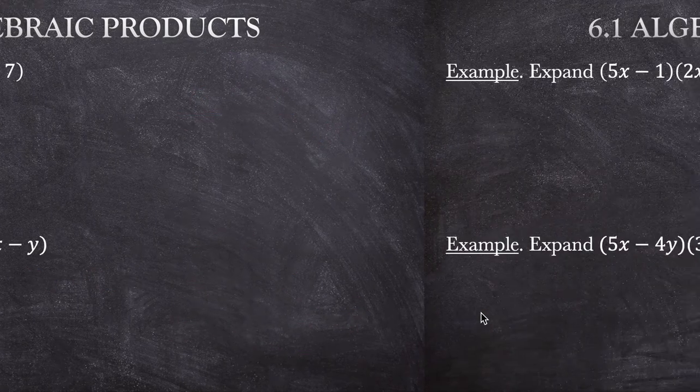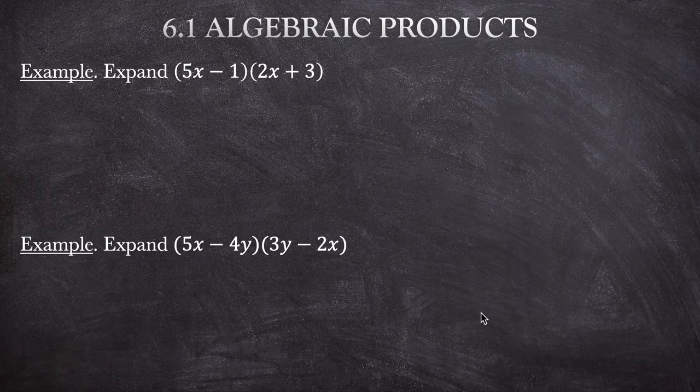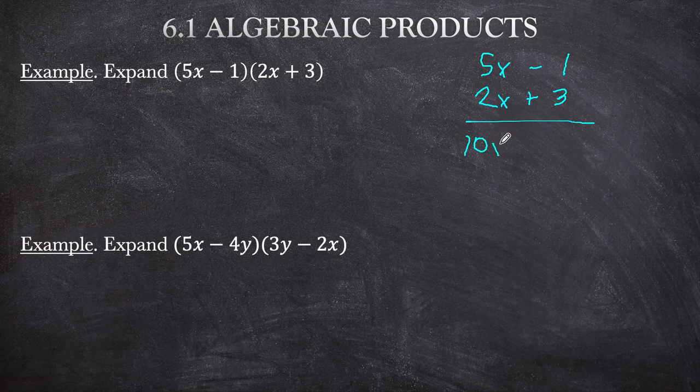All right, more examples for you guys. Expand 5x minus 1 times 2x plus 3. So how do we do that in one line? 5x minus 1 multiplied by 2x plus 3. A vertical step: 5x times 2x is going to give us 10x squared. 5x times 3 is going to give us 15x plus negative 1 times 2x.